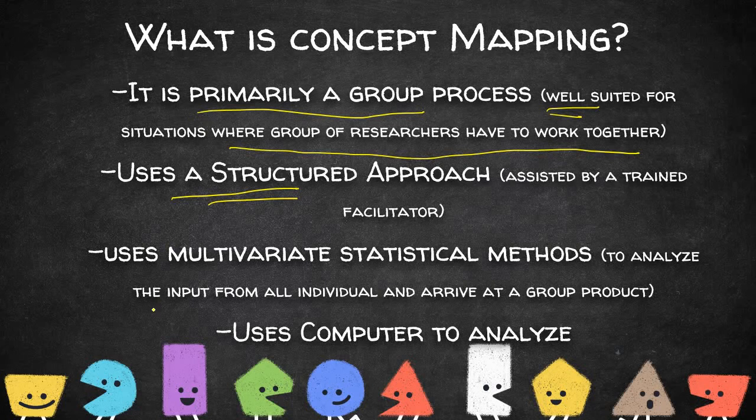Your idea is to take input from different people and finally arrive at a group product, something which shows the aggregate of how these ideas are. There has to be some commonality or common ground where you could structure these ideas into different dimensions. That requires you to use multivariate techniques, and finally use of a computer to analyze.